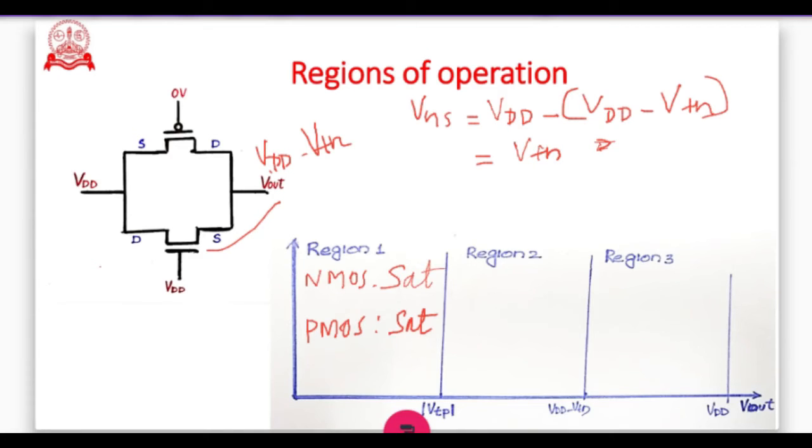Now let us check whether it is in saturation or linear. For that, we compare VDS with VGS minus VTN. VDS is VDD minus VTN, and VGS minus VTN is VTN minus VTN, which is 0. So VDS is anyway greater than 0, so NMOS is in saturation mode.